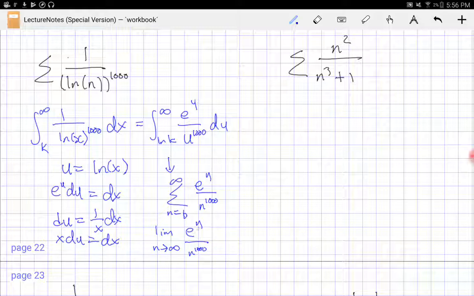So we have e to the infinite power over some constant, which means it's not equal to 0, which means that the series will diverge. So it diverges by integral and divergence test.